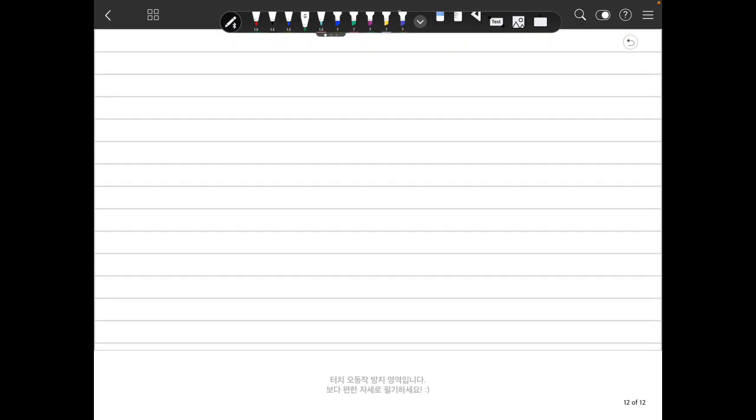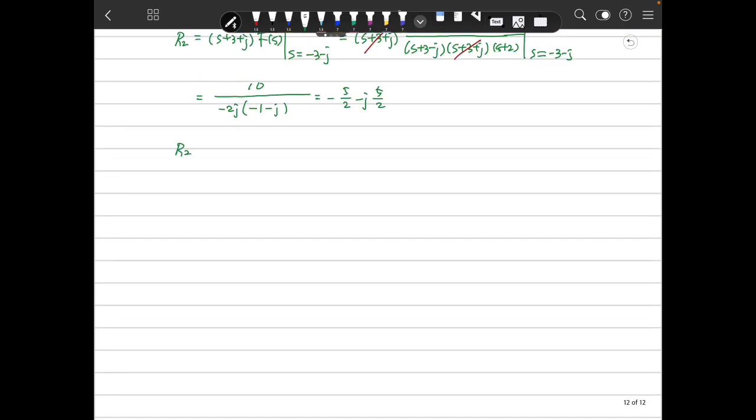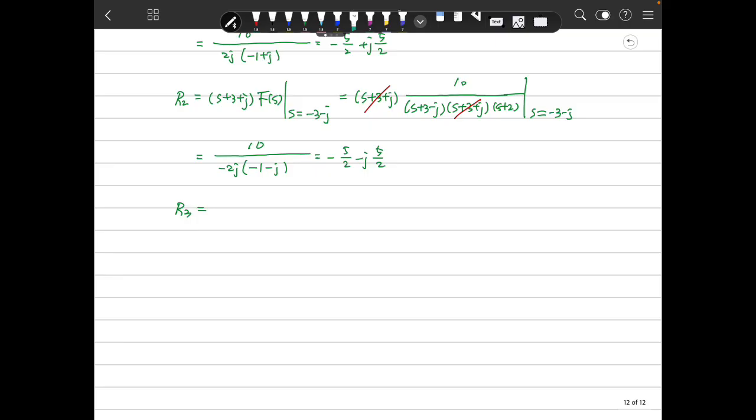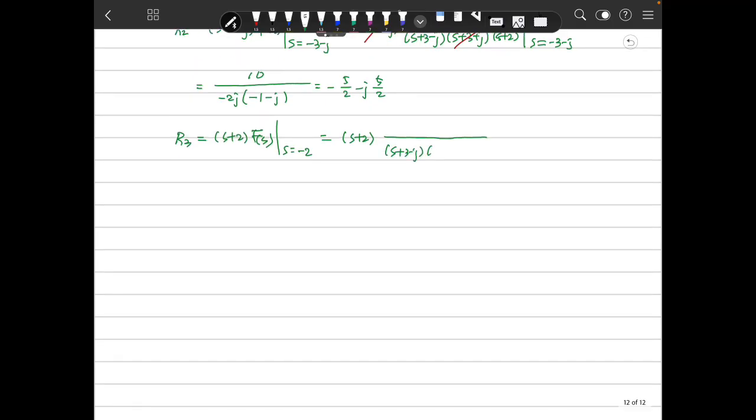The last thing is r3. R3 is this term, so we multiply that term. So s plus 2 times F(s), with s equal to minus 2. So s plus 2, s plus 3 minus j, s plus 3 plus j, s plus 2 and 10, with s equal to minus 2.